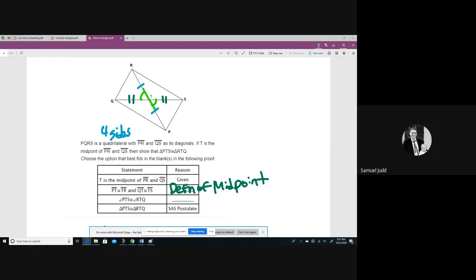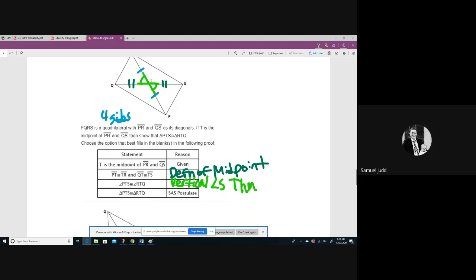Well, hopefully you guys are seeing the crossing lines and thinking, hey, crossing lines, this is the vertical angles theorem. And then we have a side, an angle, and then a side. The angle is in between. So we can use our side-angle-side postulate to prove those triangles are congruent.